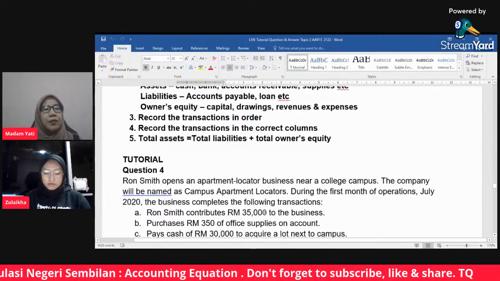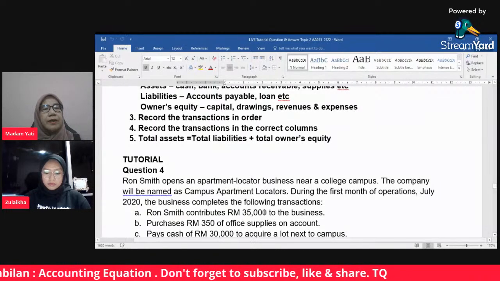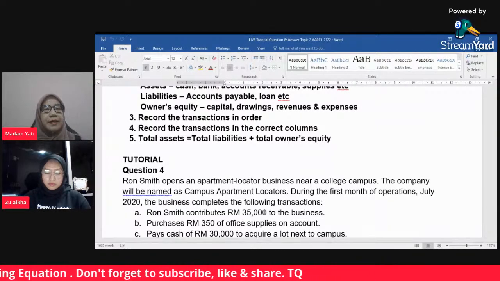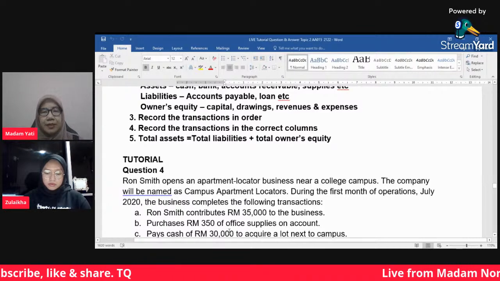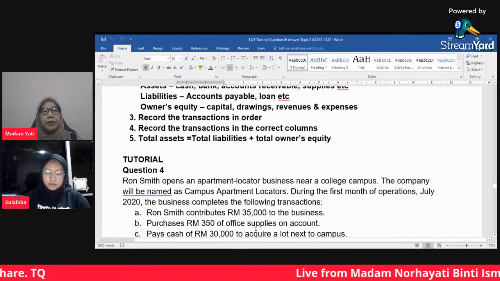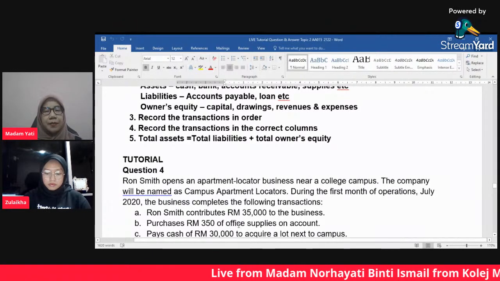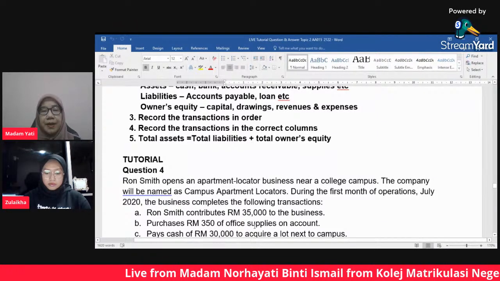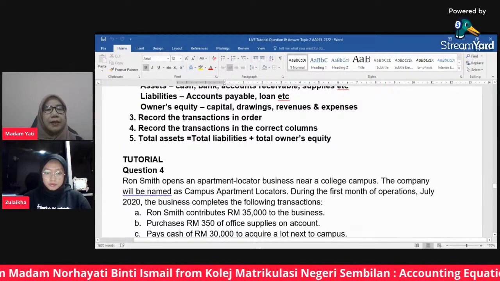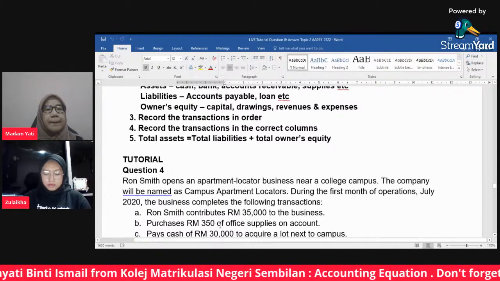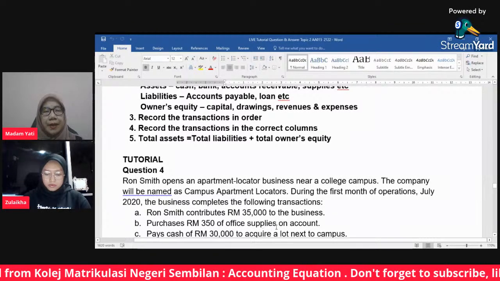Okay, the second one, dia kata purchase 350 of office supplies on account. So, dia beli bekalan office. Okay, bekalan pejabat on account. On account maknanya credit. So, bila credit, that means kita increase in office supplies.